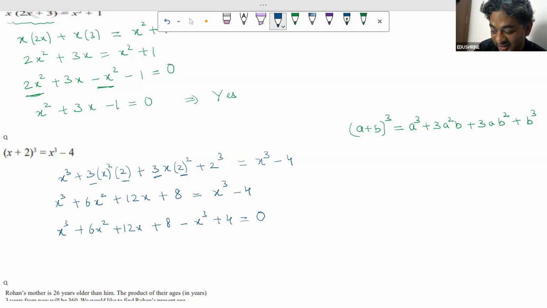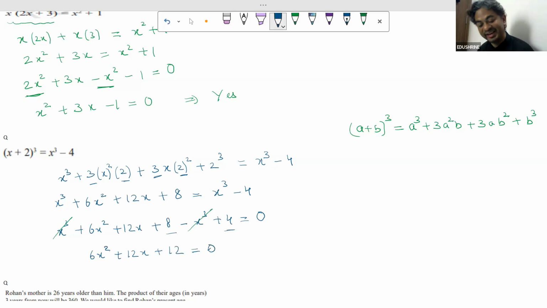Now can you see easily that this x cube and this minus x cube both get cancelled out? That's the trick in this question. It becomes 6x square plus 12x. Now 8 plus 4, like terms, constants get added, 8 plus 4 is 12, equal to 0.